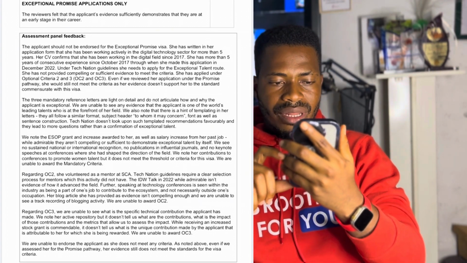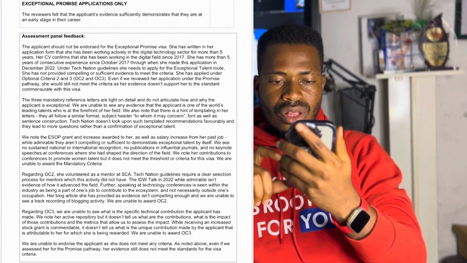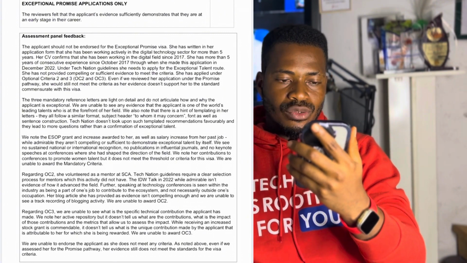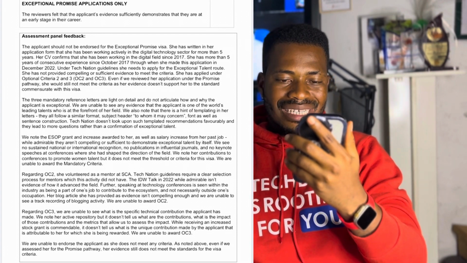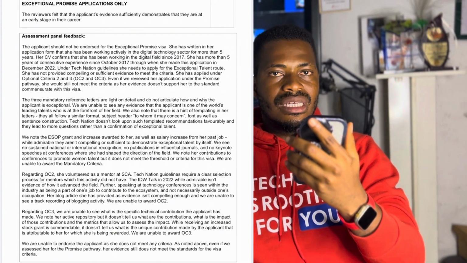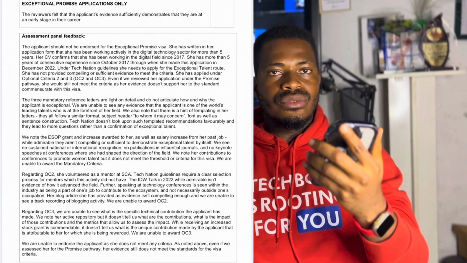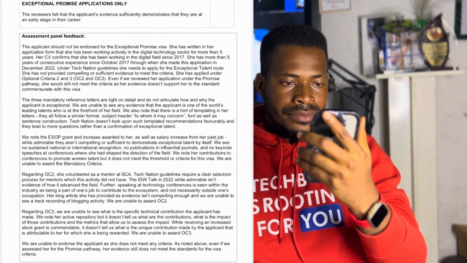She has more than 5 years of consecutive experience since October 2017, through when she made this application in December 2022. Under Tech Nation guidelines, she needs to apply for the exceptional talent route. So she was supposed to apply for the exceptional talent route, but she applied for the exceptional promise. I don't know why she actually did that.